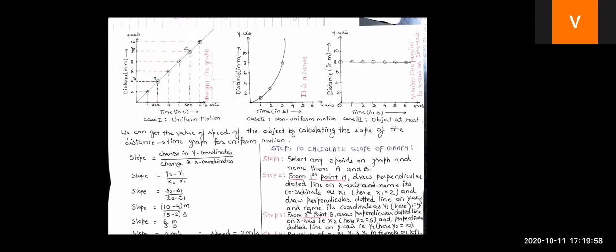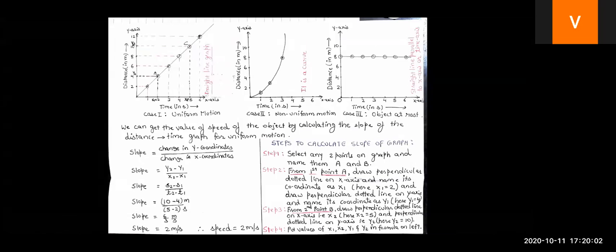So as your distance is involved, the parameter that we will get by calculating the slope is speed. So your speed is 2 meter per second. Right, children?